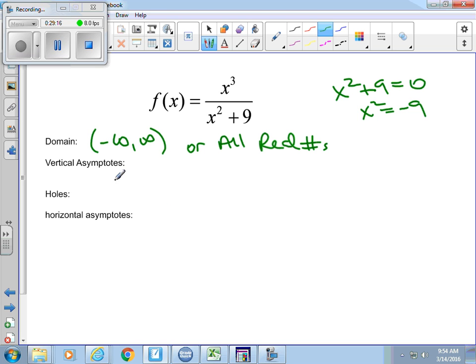What does that immediately mean for vertical asymptotes and holes? None. If the bottom doesn't equal 0, then I never have a vertical asymptote, I never have a place where x doesn't touch, and I never have a hole.